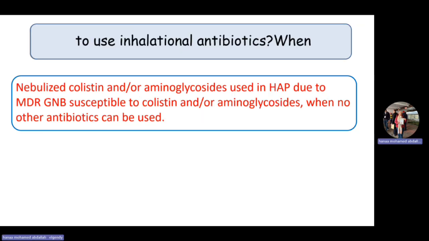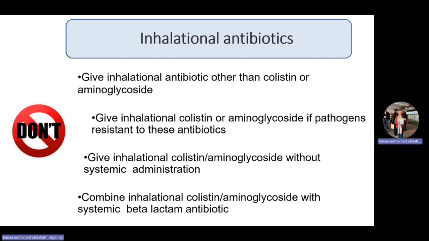When to use inhalational antimicrobials? Nebulized colistin or aminoglycoside is used in HAB due to MDR gram-negative bacteria susceptible to colistin and/or aminoglycosides, when no other antibiotic can be used, or when another antibiotic should be combined with colistin, such as tigecycline.